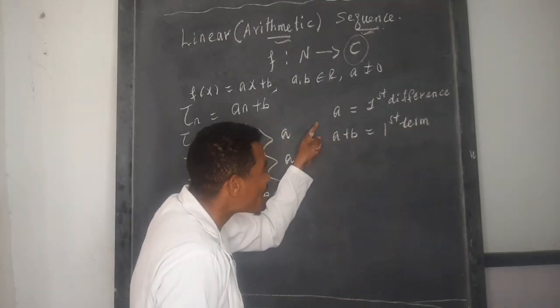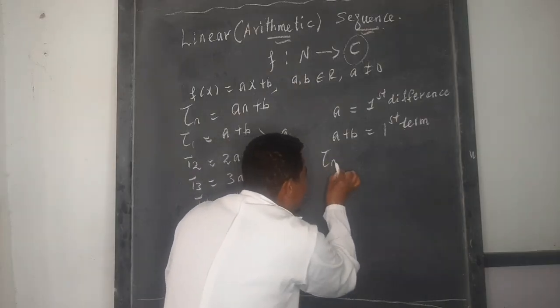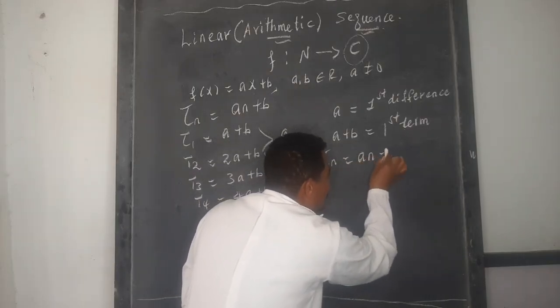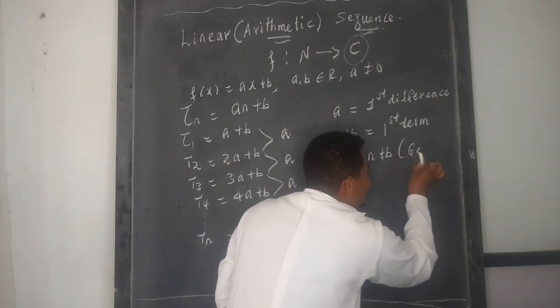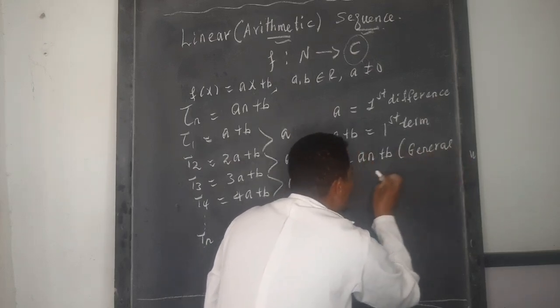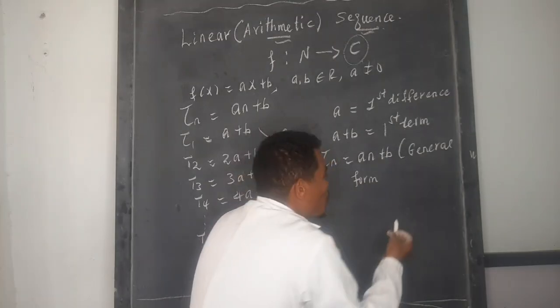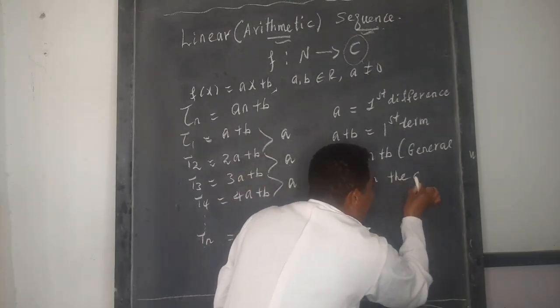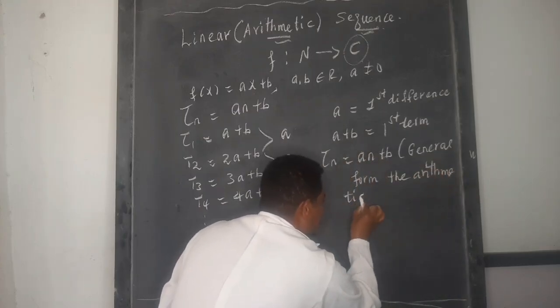So from this, we get a and b. So tn is equal to an plus b, which is the general form of the nth term of an arithmetic sequence.